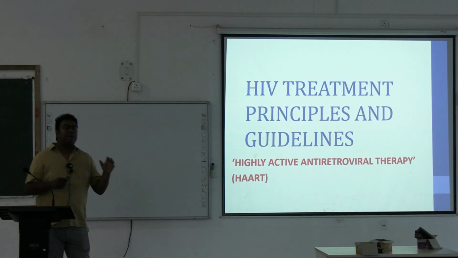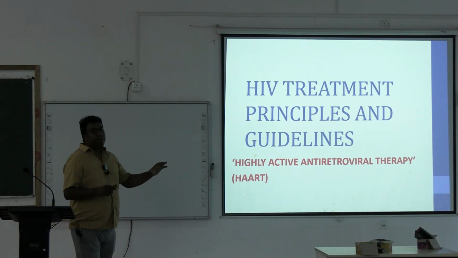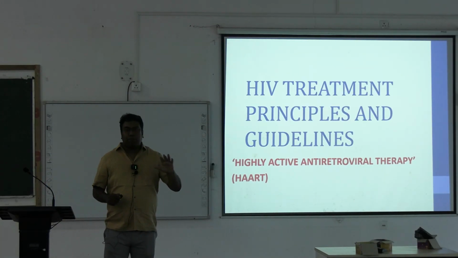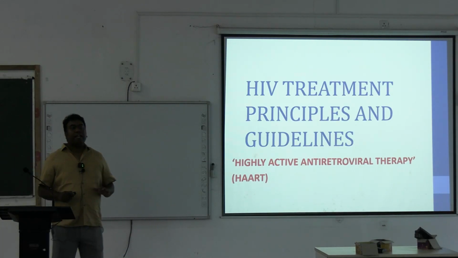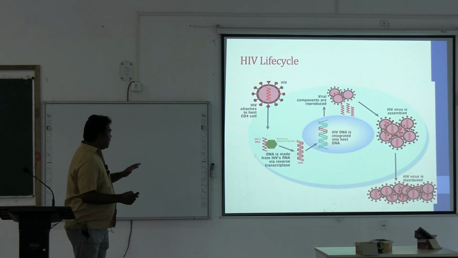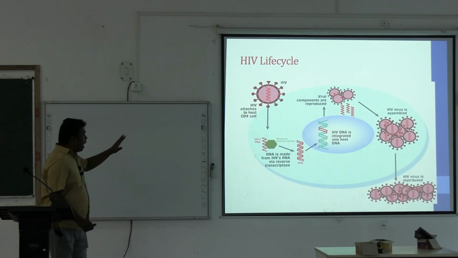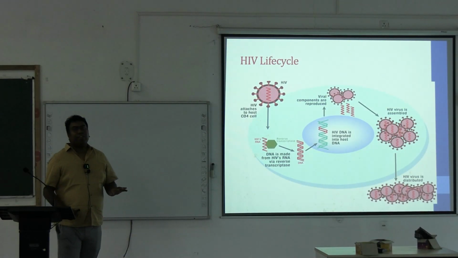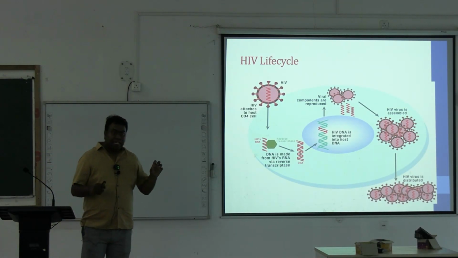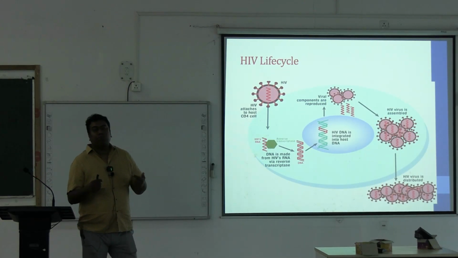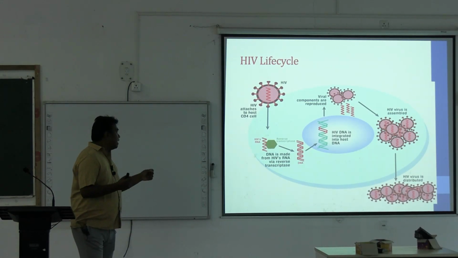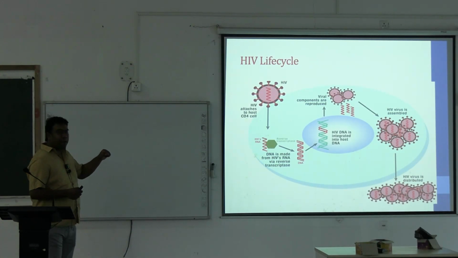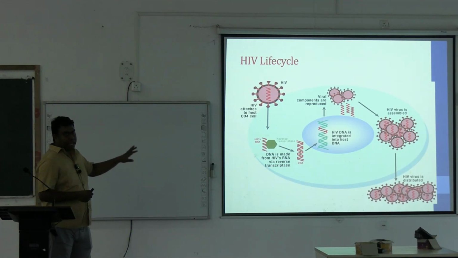Before going to the principles of therapy, we have to remember the classification of the antiretroviral drugs. First, how does HIV infect, and which type of blood cell does it infect? The T lymphocyte is primarily infected by HIV.